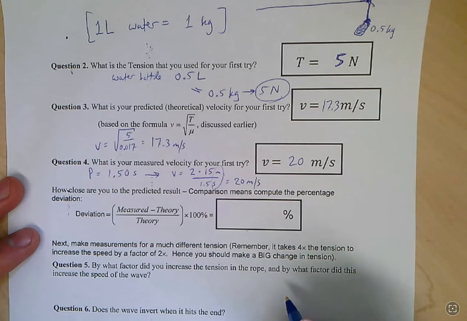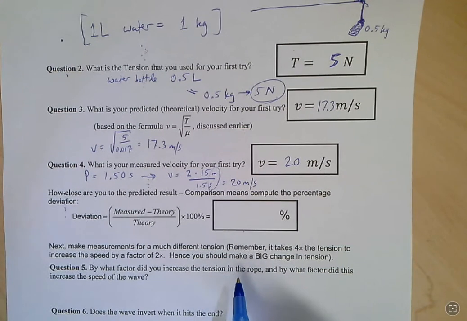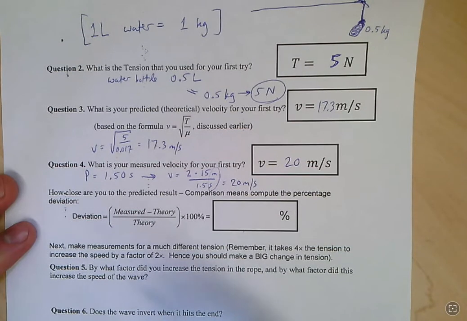Now we need to just make a comparison here. So it looks like the measured speed is a little faster than we had maybe predicted, right? So maybe there was some error in their measurement. Maybe they measured the time to be a little bit shorter than it actually was, something like that. So when we do that here, let's try to calculate the percent deviation.